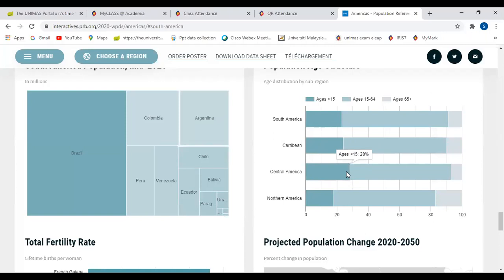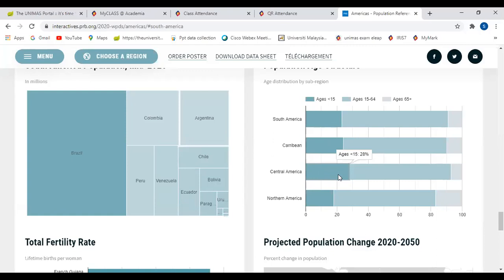Di mana Central America, these are countries between US and also Venezuela, Brazil, and so on. Some of those countries there, where the population age 15 and below is 28%.